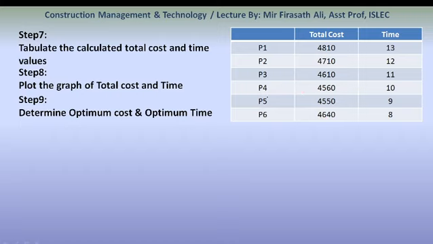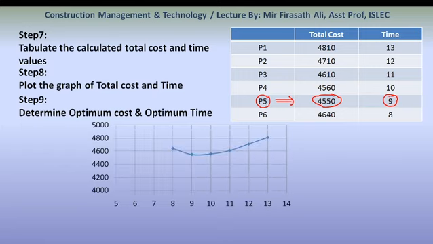So at this point 5, we have got the minimum cost of 4,550 and the time is 9 days. So we need to plot this graph. The graph will be of this type.